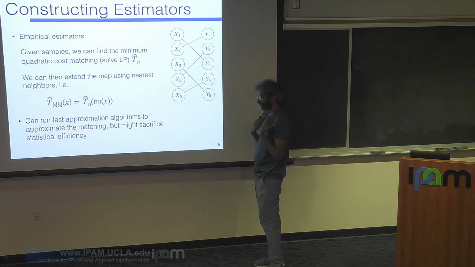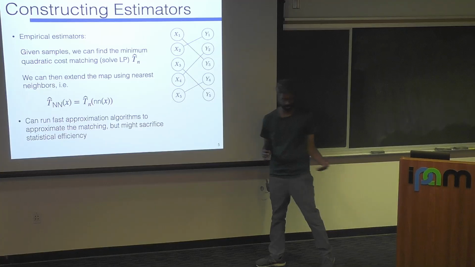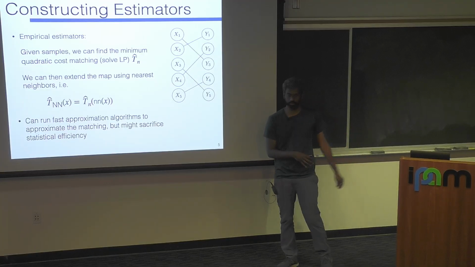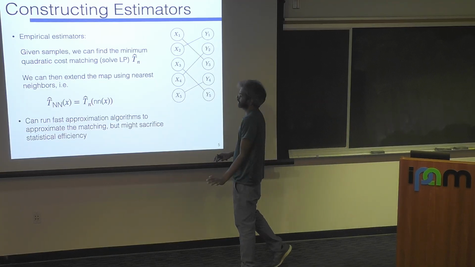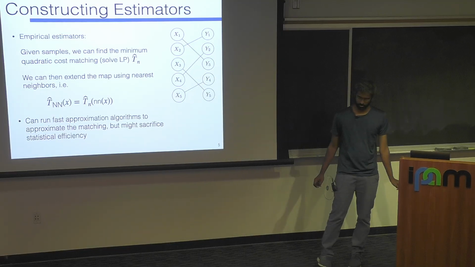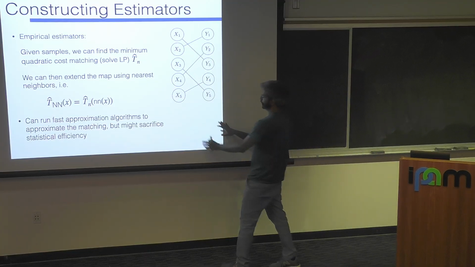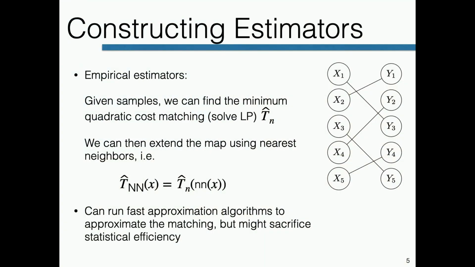So you have to give me a function that is defined for every x, let's say, in the support of the distribution P. And it should be something that is computable based on the samples that I gave you. Is that okay? So this is an example of an estimator. It took in as input the two sets of samples. It produces for me something that I can evaluate on the entire support of P by saying, take any point in the support of P, move it to one of the samples, and then it'll output something in the support potentially of Q.